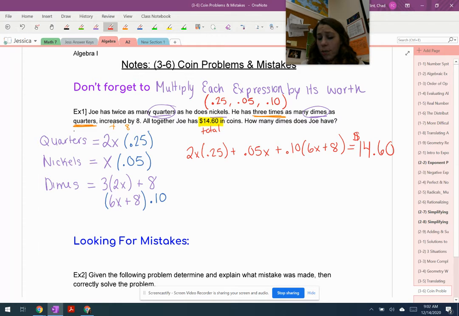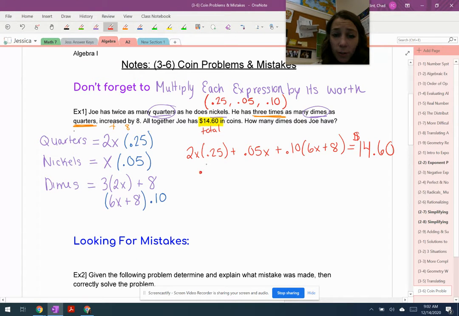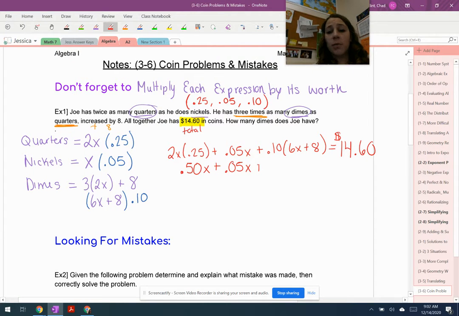So 2 times the 0.25 obviously is going to give me 0.50x plus 0.05x. And this is very easy to make mistakes on with these decimal points, so make sure you're being very careful. 6 times 0.1 is just plain 0.6x, and 8 times 0.1 is 0.8.